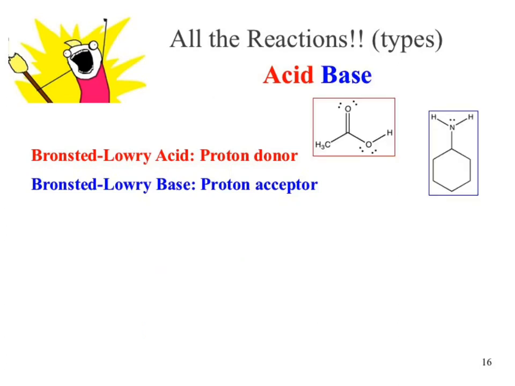The two classic examples that come out of this, particularly for second semester: the first one, our big proton donor, is the carboxylic acid, or in this case, acetic acid. The proton acceptor, or our base, our classic example tends to be amines.